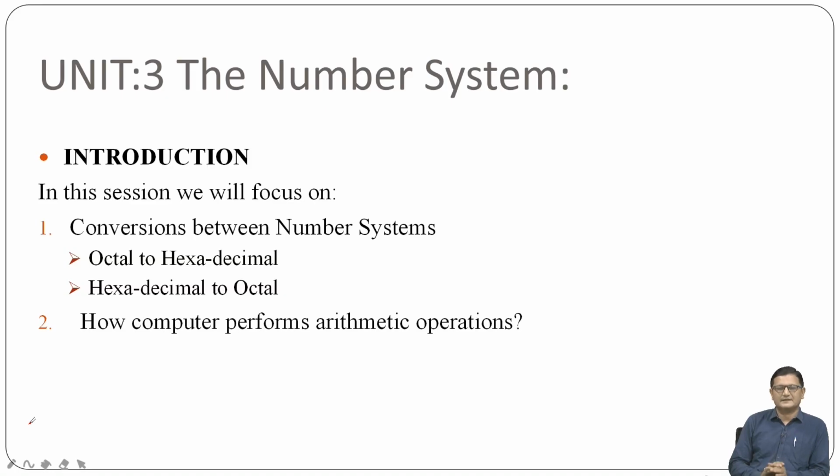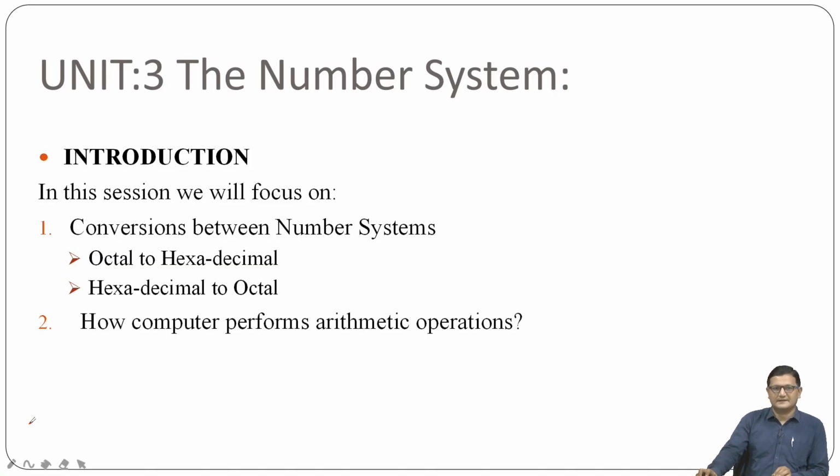So I think in the last session we have seen what the hexadecimal number system actually is and how many different types of symbols are there, right? Total 16 symbols are there, and that's why we can say the base of the hexadecimal number system is 16. Okay.